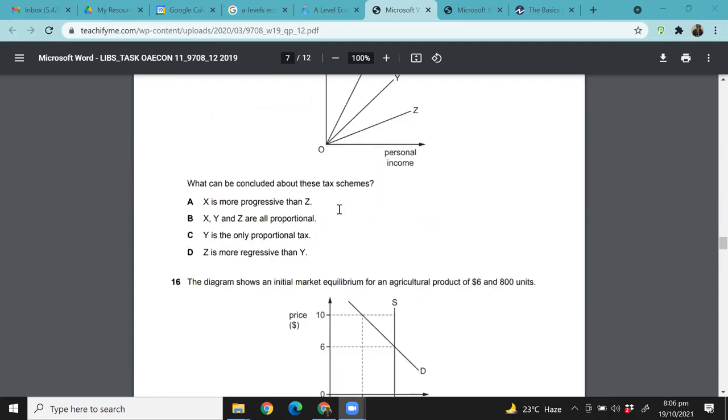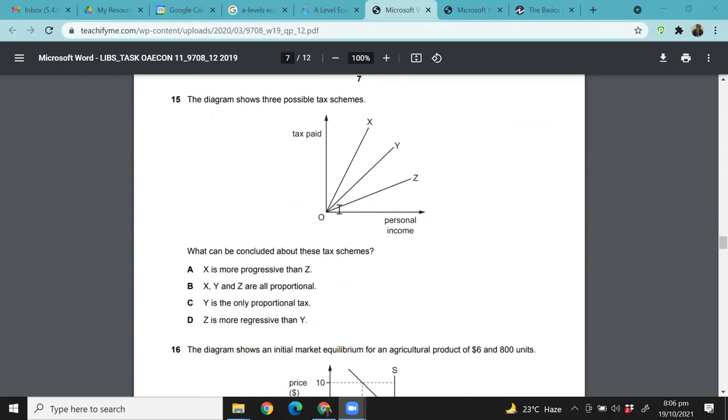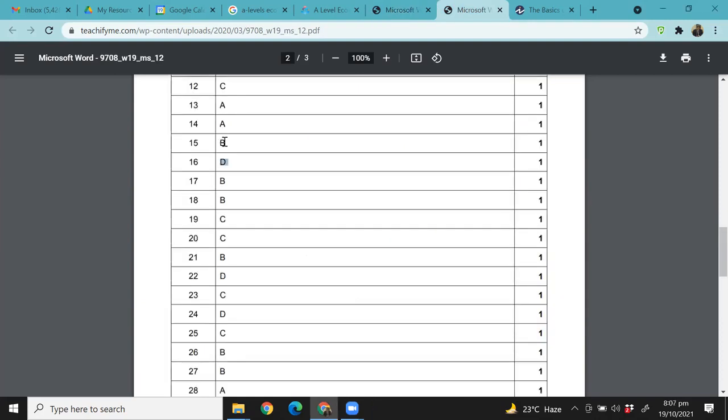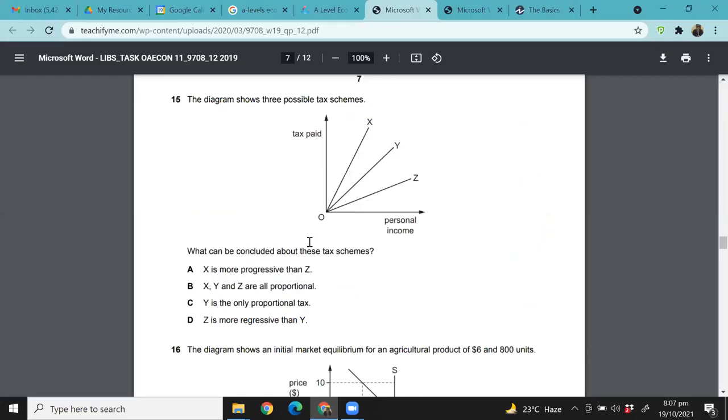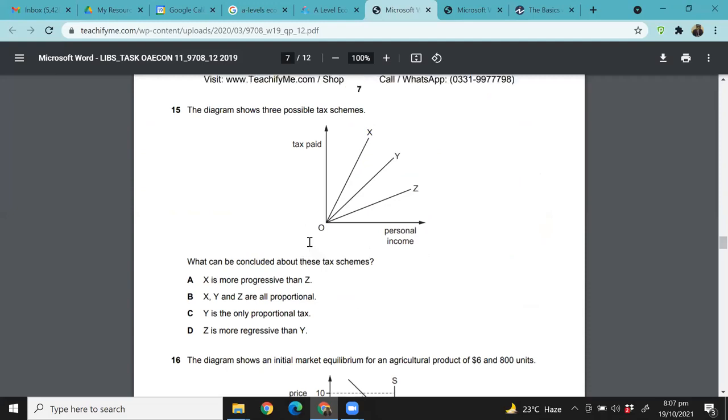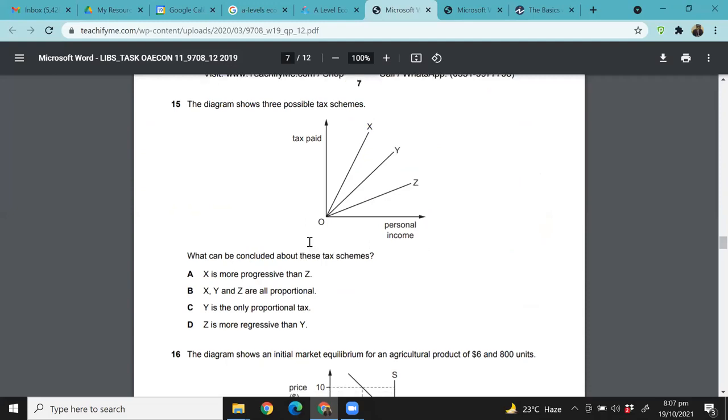Okay. Now 15, we said 15. Let's see, what is 15 here? So 15 was B, and we selected 15 to be A. Why is 15 A? X, Y, and Z are all proportional.